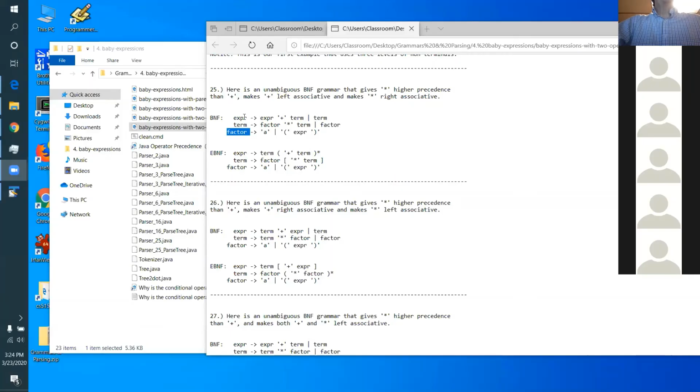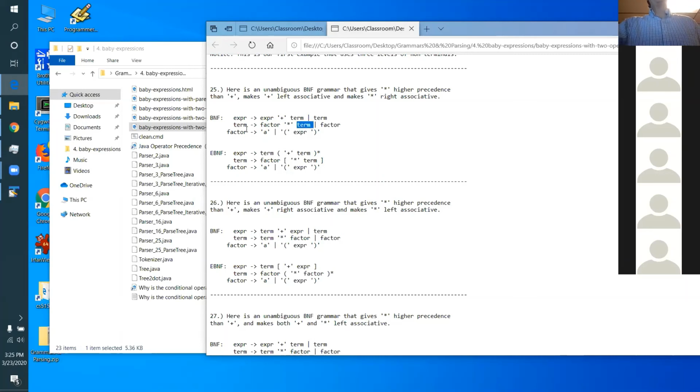Remember, a term is a thing that's going to be added up. So an expression is a sum of terms. Essentially what this is saying is that an expression is you add on terms, and then a term is a product of a factor and a term. The idea being, if you have 3 times x times y, that would be 3 times the term, which is x times y.